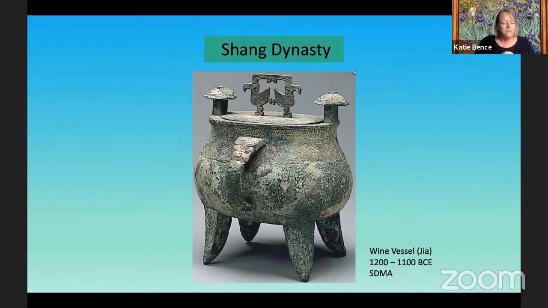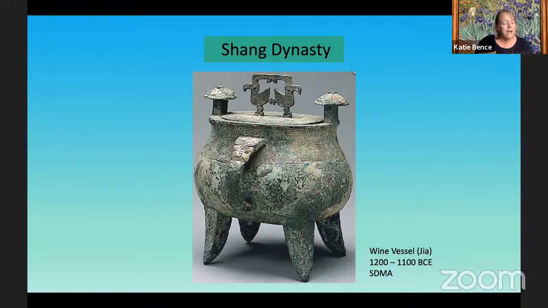The distinctive characteristic of this jia is that the ornamentation on this jia is comprised of a variety of stylized animals. The handle on the lid is in the form of two crested birds standing back to back.